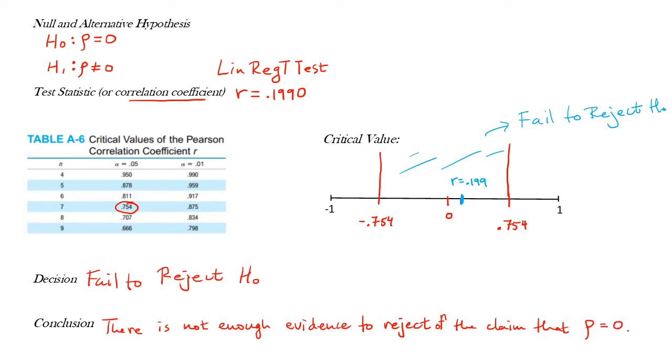So in this case, it's possible there is no correlation, or if there is one, it's a very weak correlation. So not strong enough in this case to really say for certain that there is a correlation.